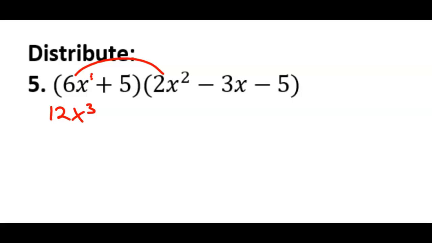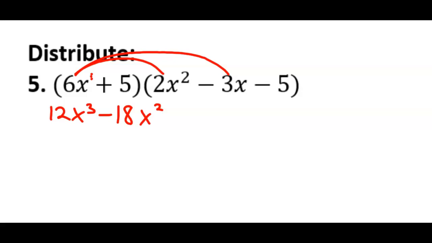Right? Okay. Now what am I going to multiply my 6x by? Be specific. Negative 3x. You know what I'm going to get? Negative 18 what? Not 2x, x squared. 2x would have a 2 in front of it, right?